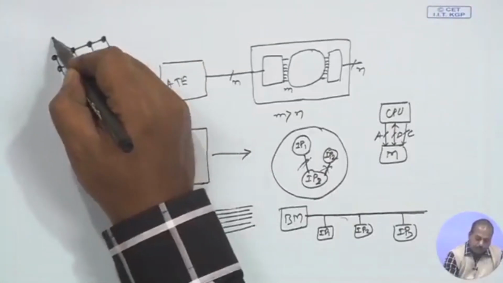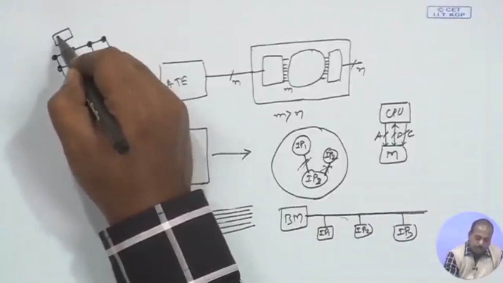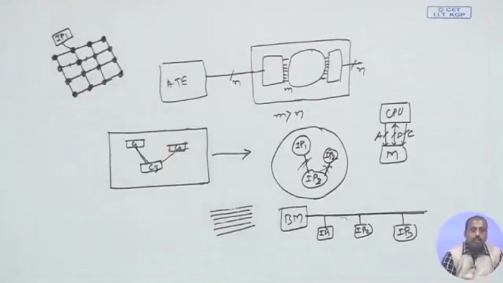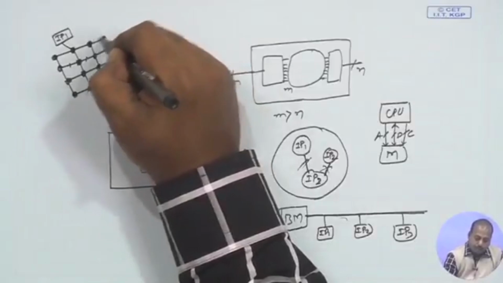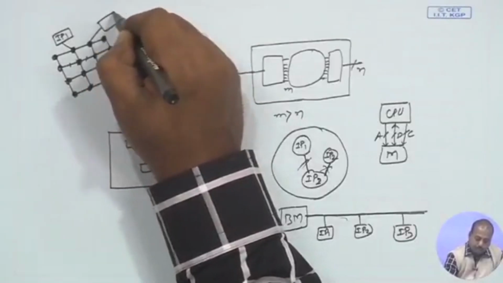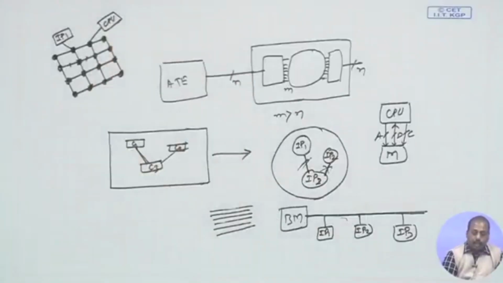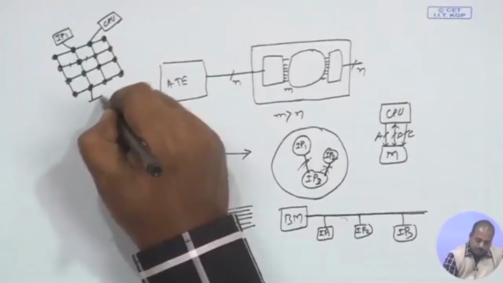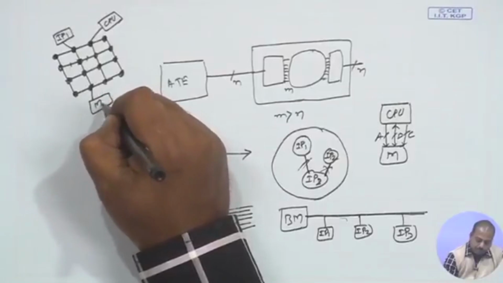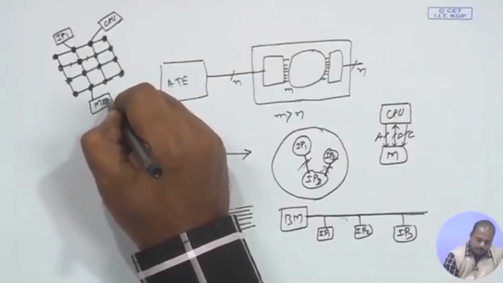Like with this router I can have some core IP1 connected here. So, maybe my CPU is connected here, the IP which corresponds to the CPU is connected here, and the IP for the memory is connected there.